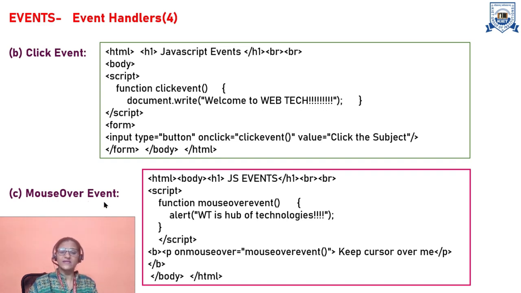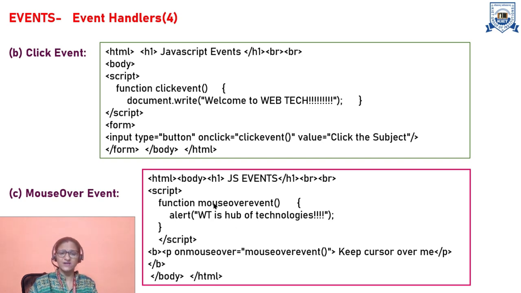Mouse over event. Here in a paragraph, we have written a line: keep cursor over me. As soon as we keep the mouse cursor over this statement, onmouseover, this function gets executed.